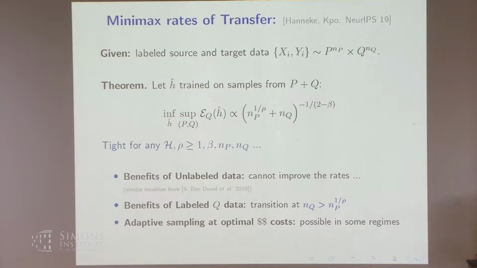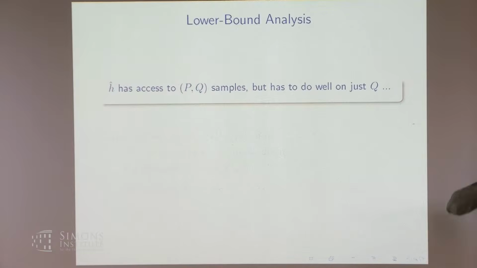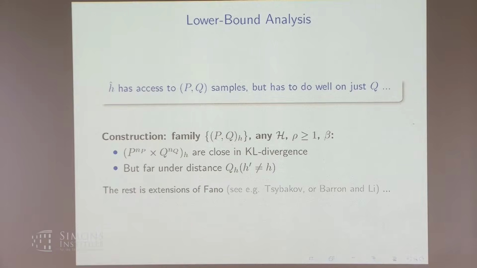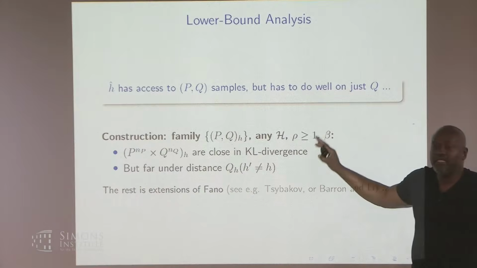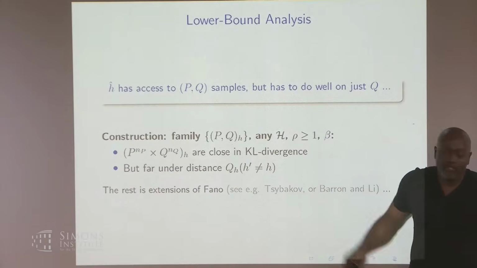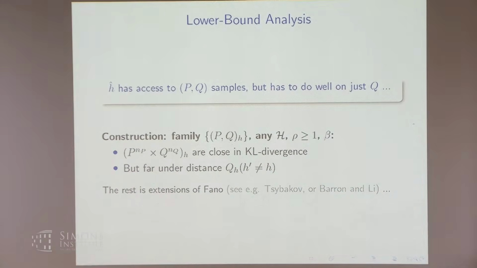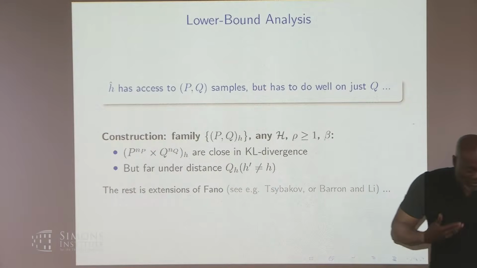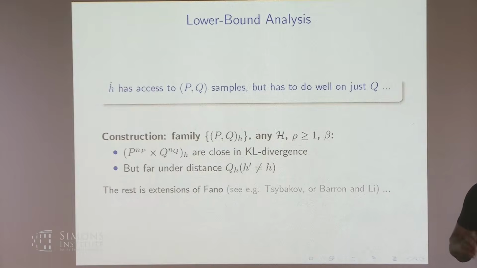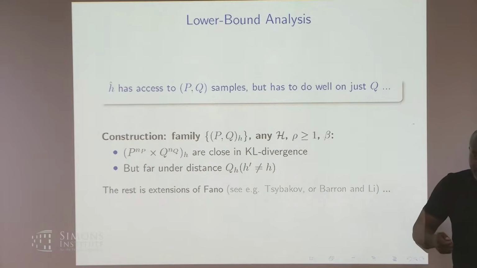Okay, so let me quickly talk about the lower bound analysis. The main thing that is different in establishing these lower bounds is that a lot of the tools we know in lower bound analysis sort of assume, not inherently though, but the way we apply them, that the data I have access to is IID.